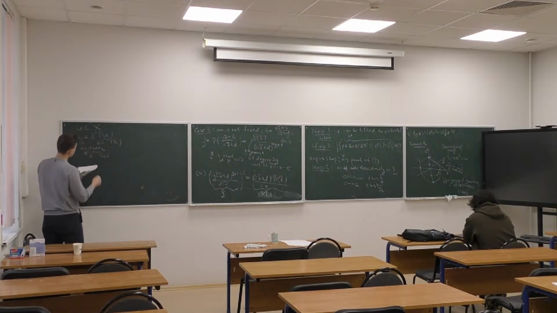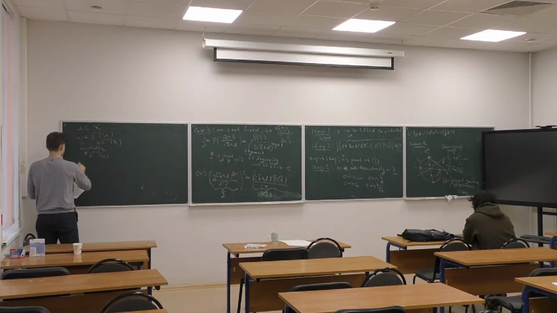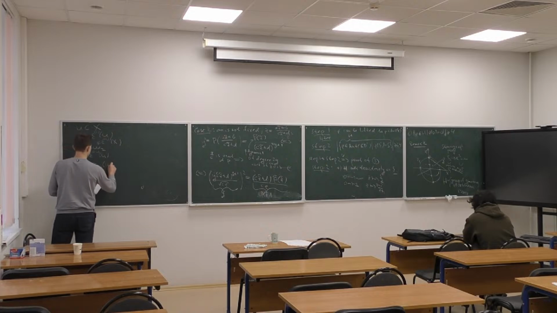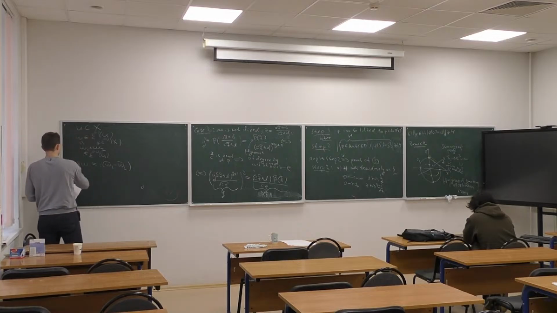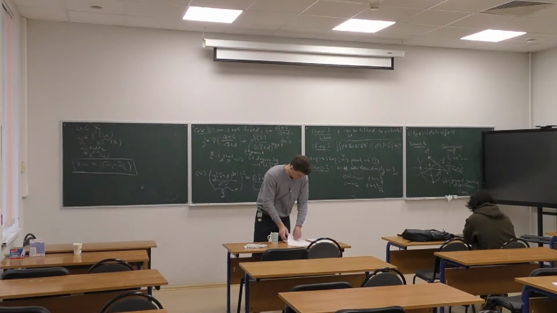So any smooth one form can be decomposed as the sum of a form of type 1,0 and a form of type 0,1. And then star omega is defined as i times omega 1 bar minus omega 2 bar. So we have this operation. There are some elementary properties.